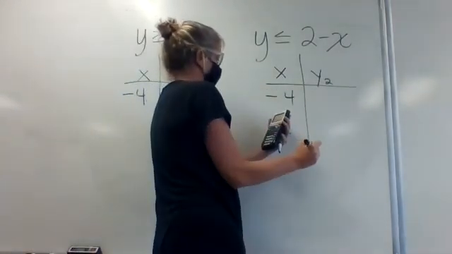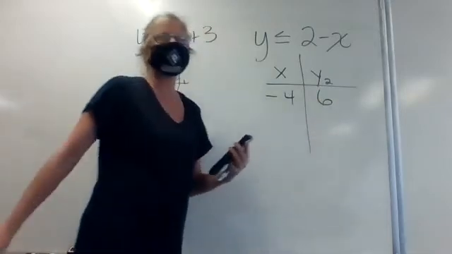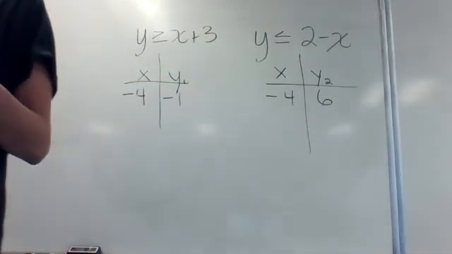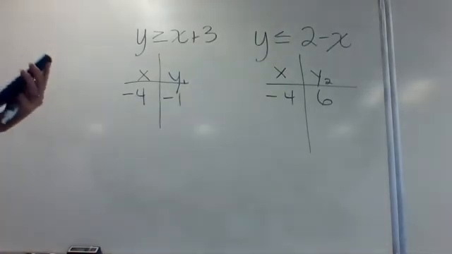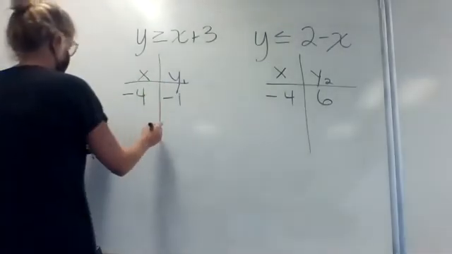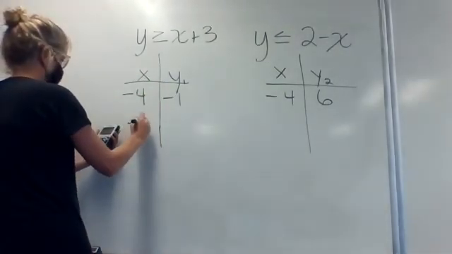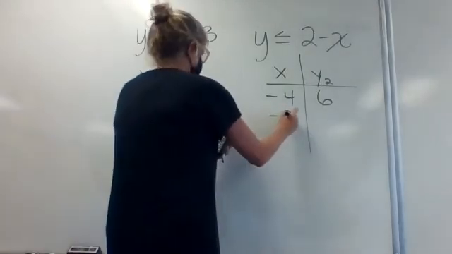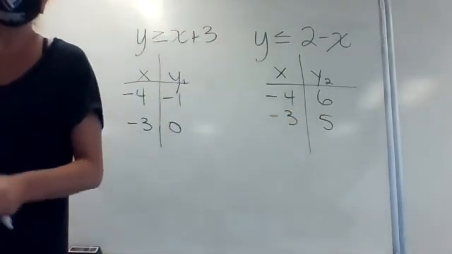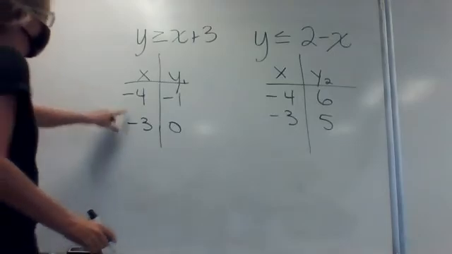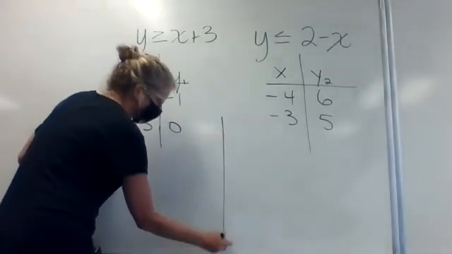If I do that same x, -4, it's 6 for the second line. So you see how to pick out those points from those 2 tables? It's just like two tables in one. Let's see, and then pick another point. -3, 0, and -3, 5. So plot these 2 points first to graph this line.